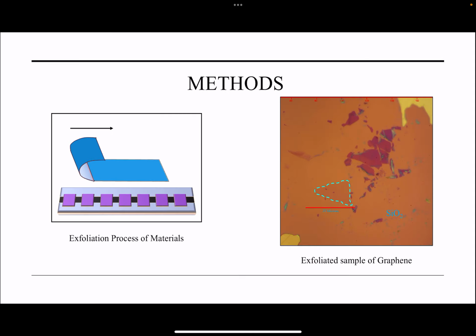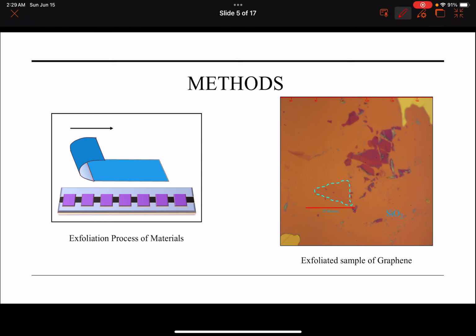Let me see if I can visualize it here. So this will be the graphene, and this will be the other atoms. So this is TIG, and this will be WSe2.